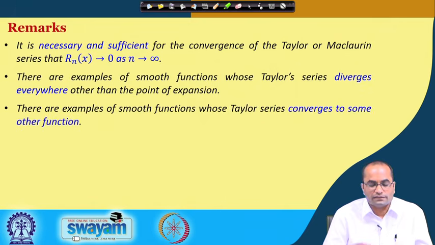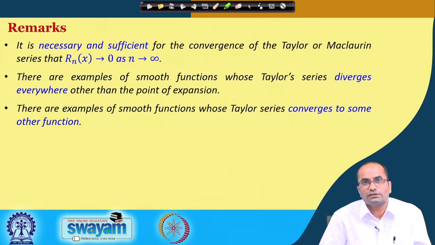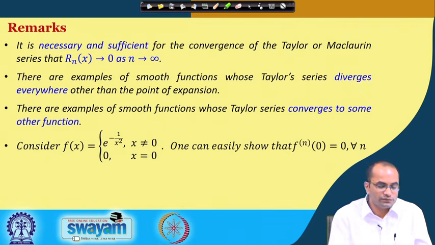And there are also examples of smooth functions whose Taylor series converges to some other function. For instance, you take this example: f(x) is equal to e^(-1/x^2) for x not equal to 0, and 0 for x equal to 0.